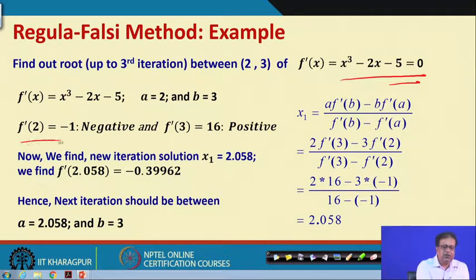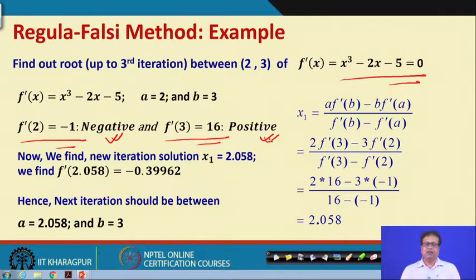So, we know f dash 2 equal to minus 1, and if I put 3, then 3 to the power 3 is 27 minus 6 minus 5. So, we get f dash 3 equal to 16. So, one is negative and the other is positive. So, we have one value on the negative side, another value on the positive side, and then we iterate.